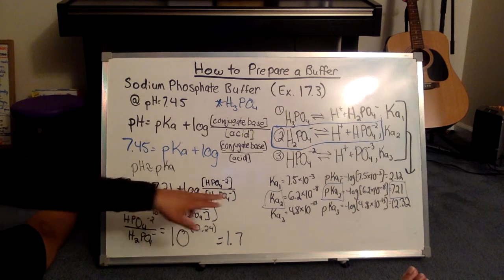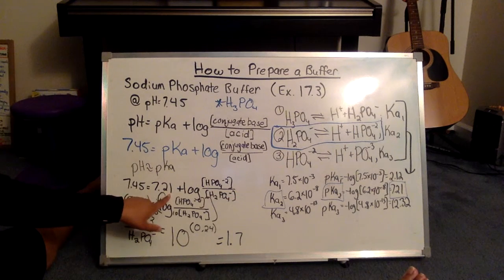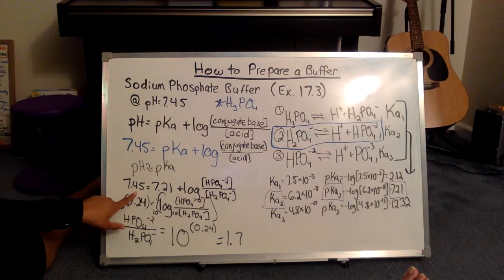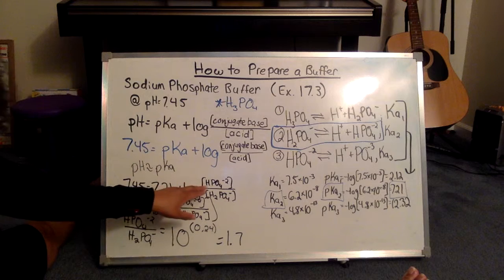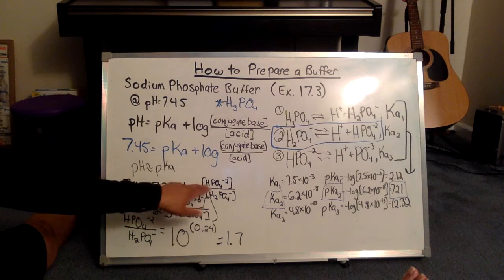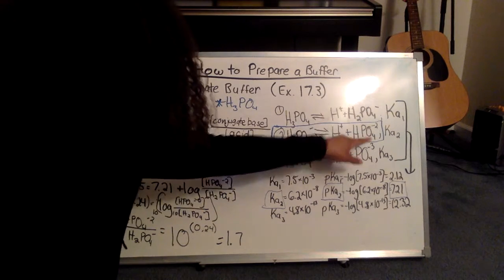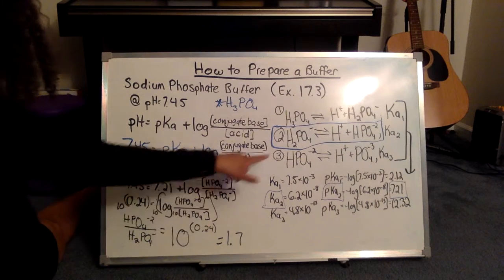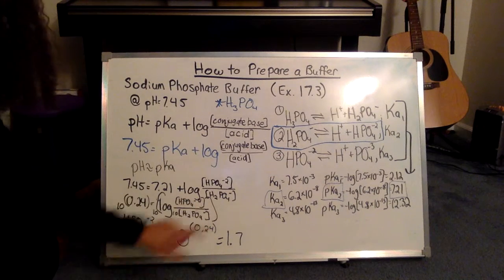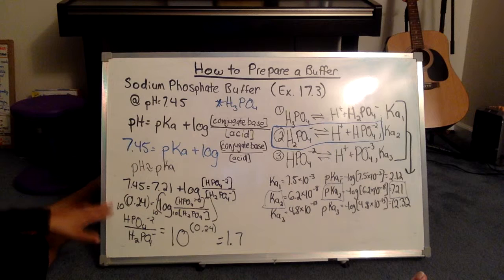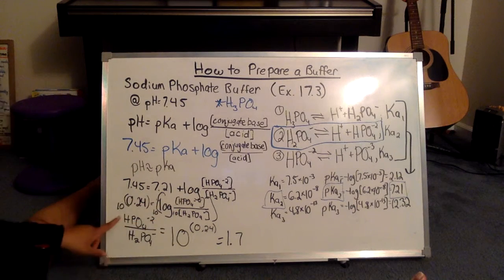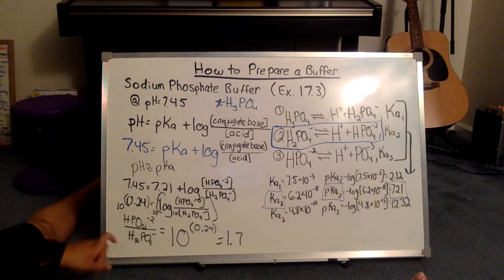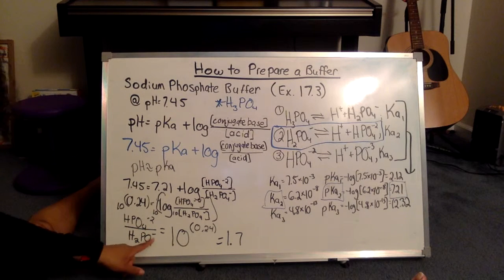We start with this 7.21 because it's very close to the value that we want to use. So we put it into this equation. We know that our conjugate base is HPO4 as shown here, and our acid is H2PO4 minus, and then we solve for this ratio, which is HPO4 minus over H2PO4 minus.